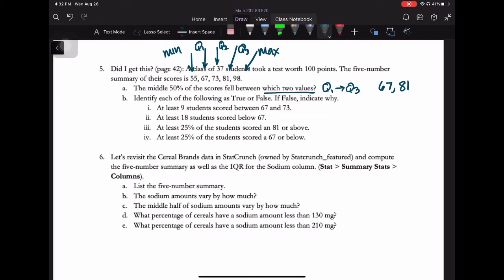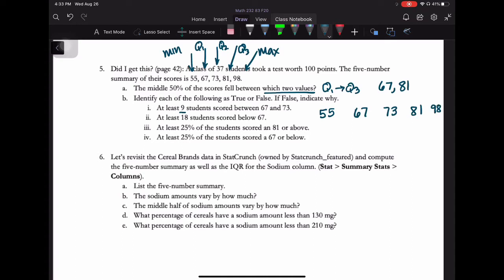Now we're going to identify whether each of the following statements are true or false. And if it's false, we want to indicate why. All right, at least 9 students scored between 67 and 73. Let's think about this right now. We have the lowest number is 55, and then our 1st quartile is 67, and 73 for our median, 81 for our upper quartile, and 98 for our maximum.